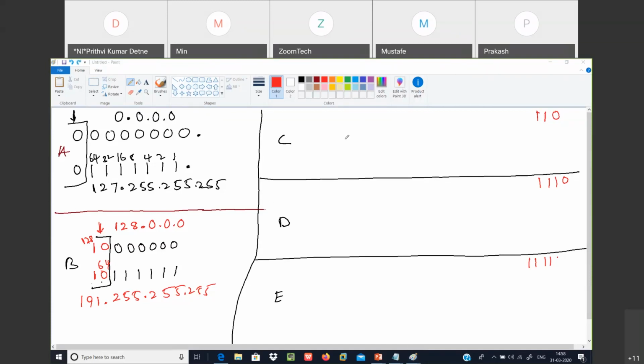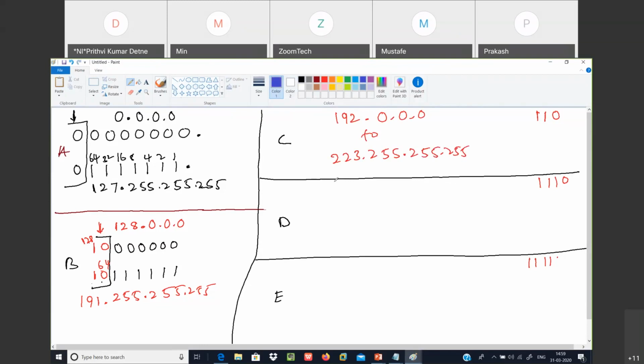All right. For class C, the range is 192.0.0.0 to 223.255.255.255, right?